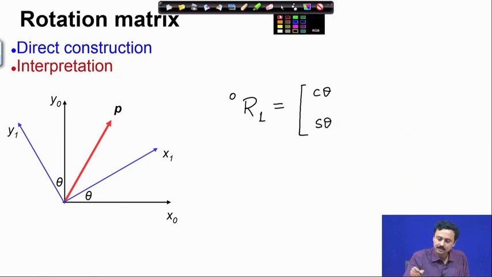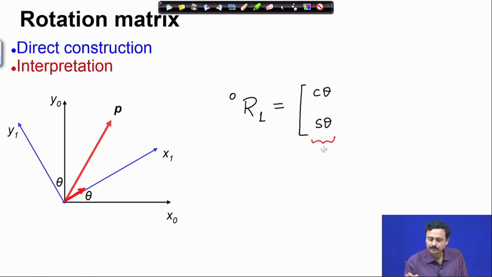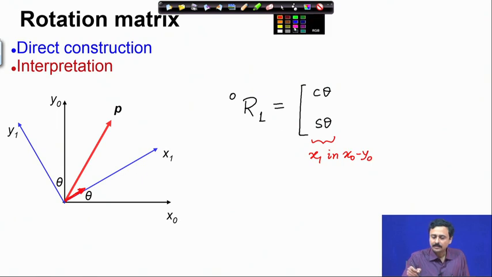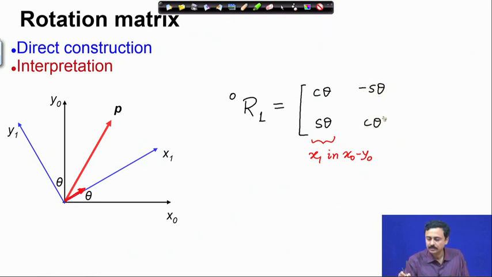This unit vector along x 1 is represented as the first column, and the second column is the representation of y 1 in x 0 y 0, which is minus sin theta cosine theta.